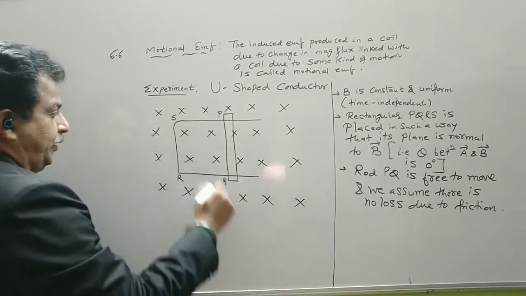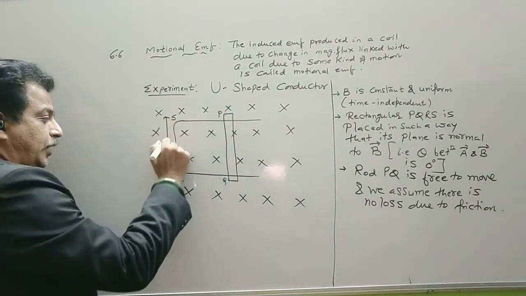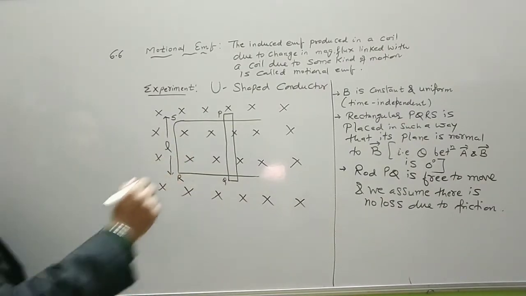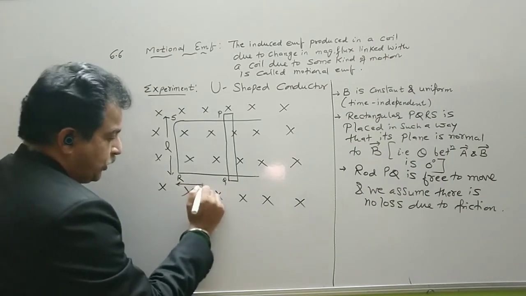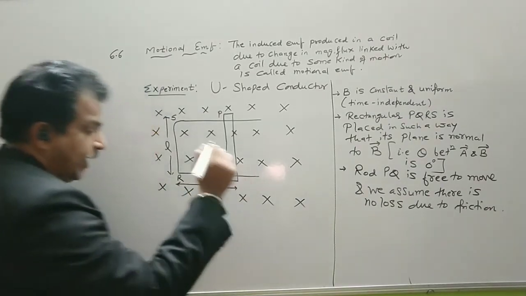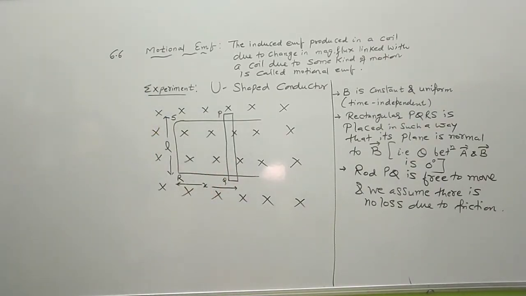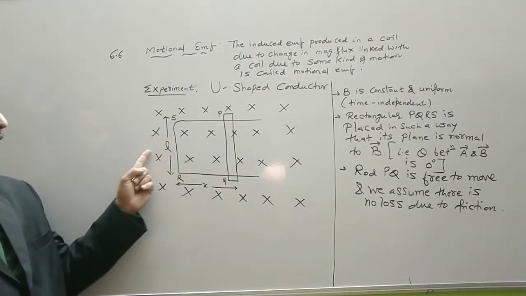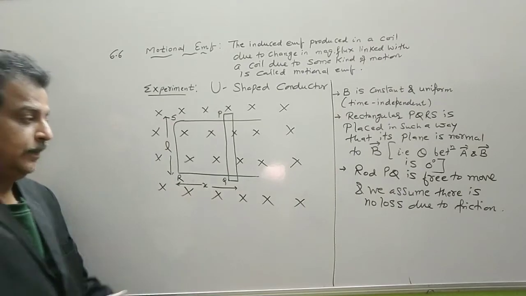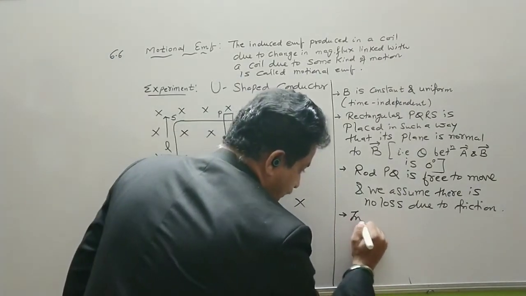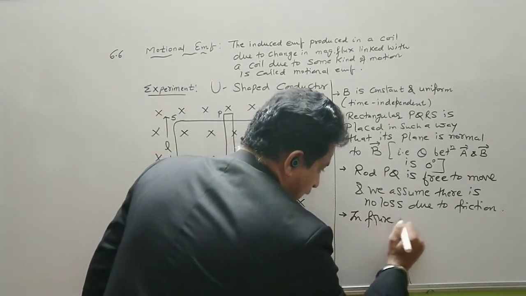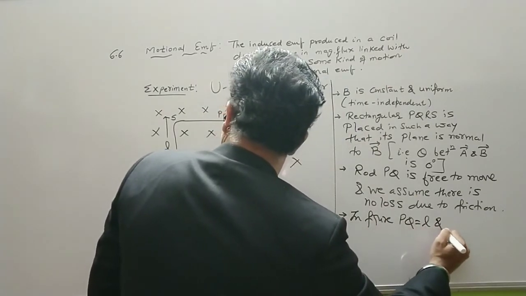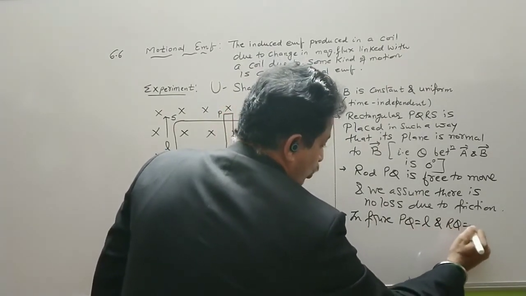Now this rod's length is, suppose, L. So L is the length of the rod PQ, and the initial position is X. So if I say PQRS is a rectangle, its length is L and the breadth is X. So in the figure, PQ is equal to L and RQ is equal to X.